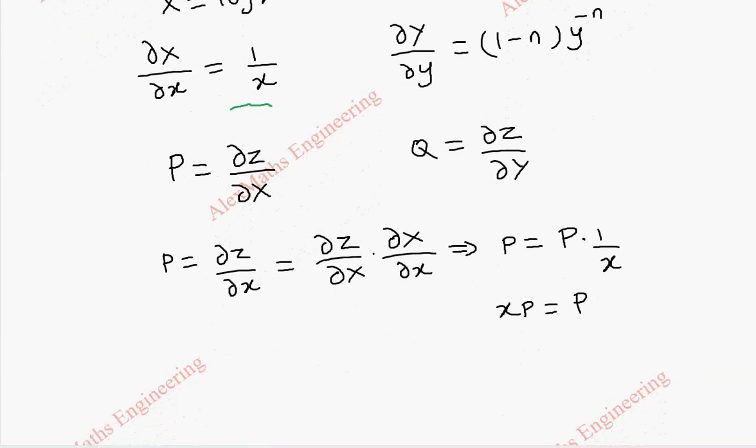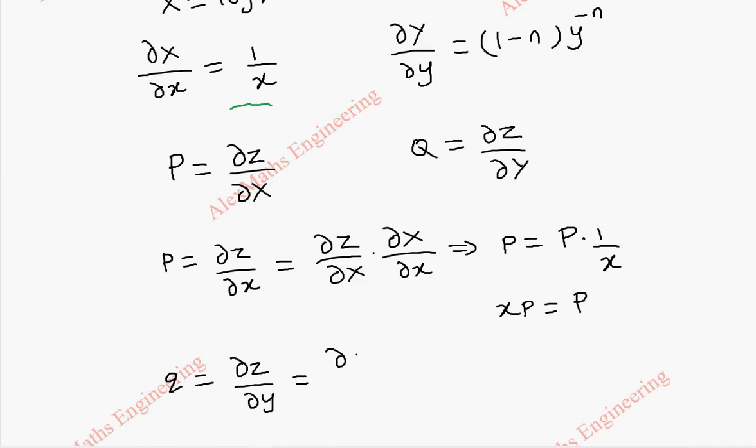In the same way, when we rewrite small q, which is dou z by dou small y, this is rewritten as dou z by dou capital Y into dou capital Y by dou y, and already we got the value here. Here the value of n is 0.